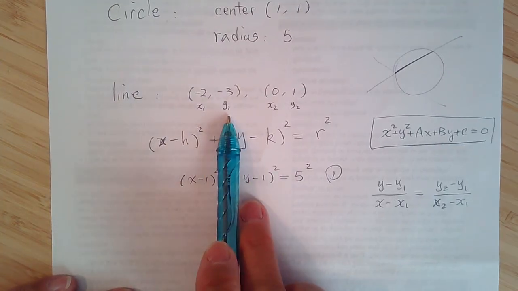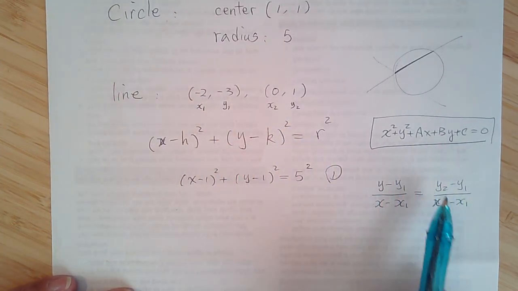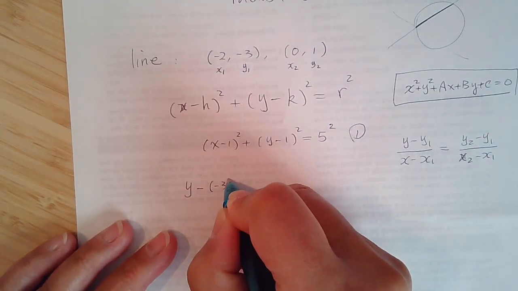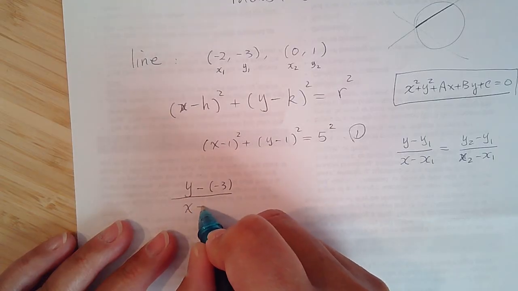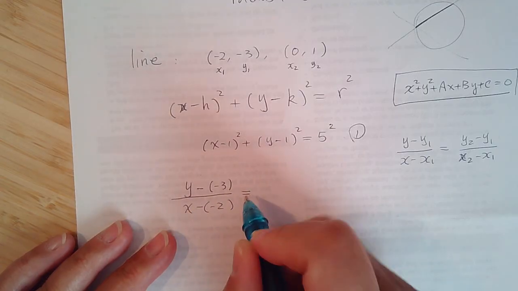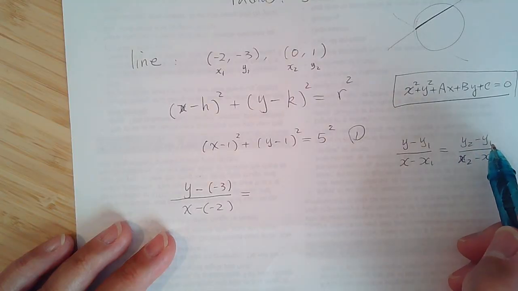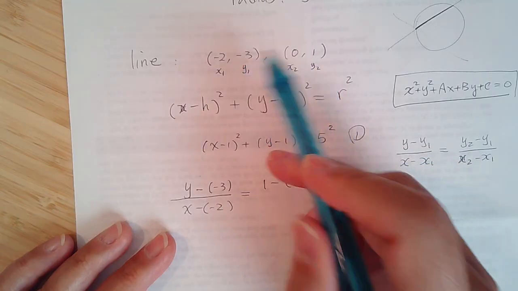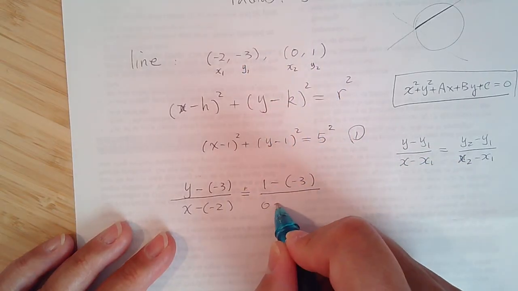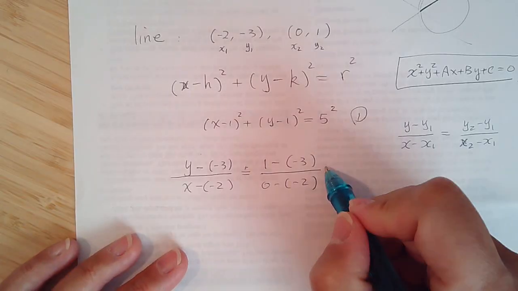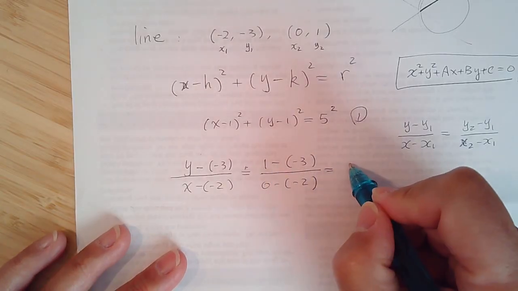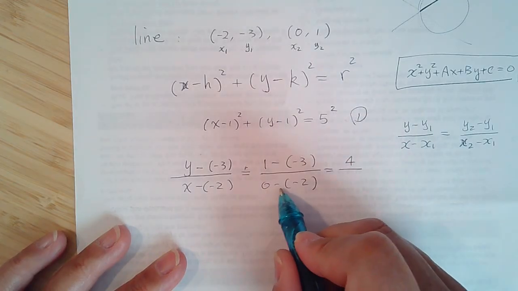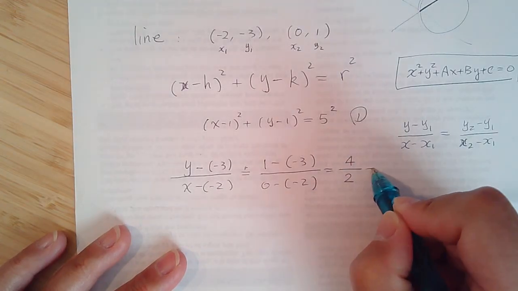Now I'm going to plug this x1, y1, x2, y2 into this. So let's see what we get. We have (y minus -3) over (x minus -2) equals (y2 minus y1) over (x2 minus x1). So that will be (1 minus -3) over (0 minus -2). All right, now that 1 minus -3, which is 1 plus 3, which is 4, and 0 minus -2, which is 2. So that's 2.